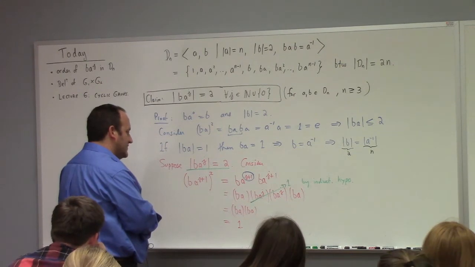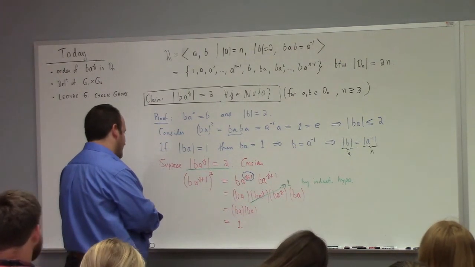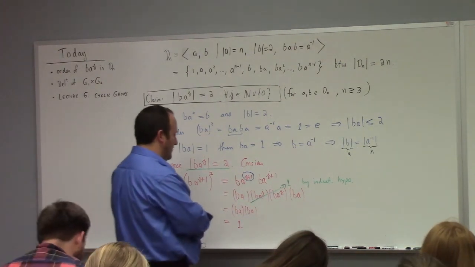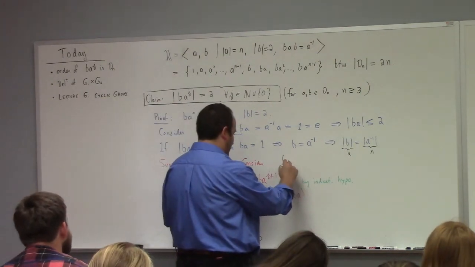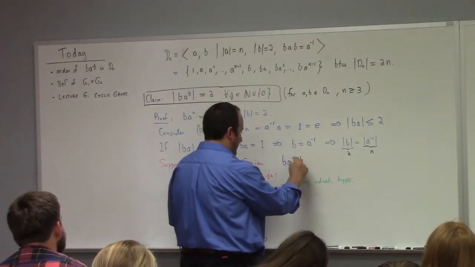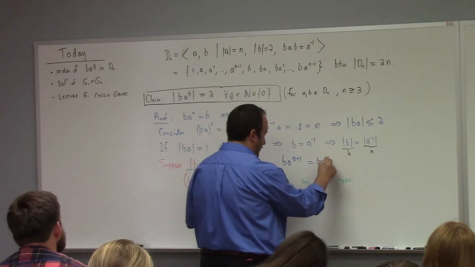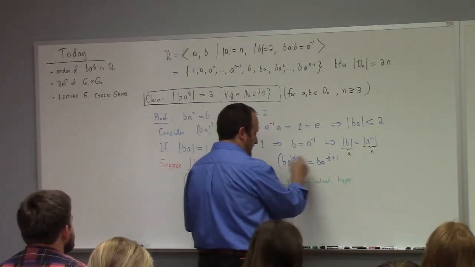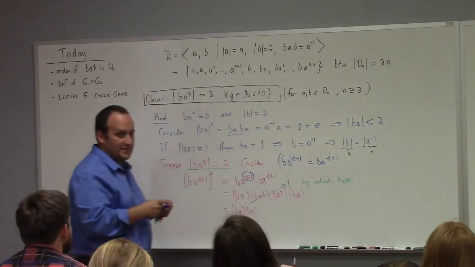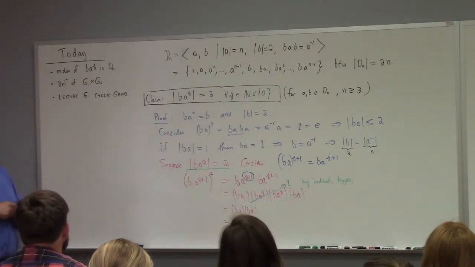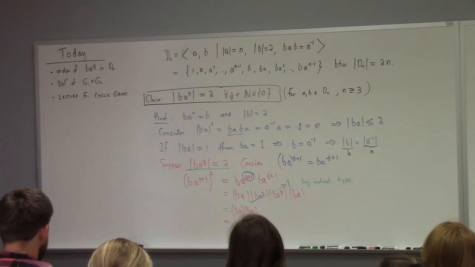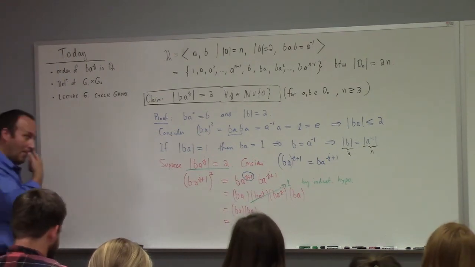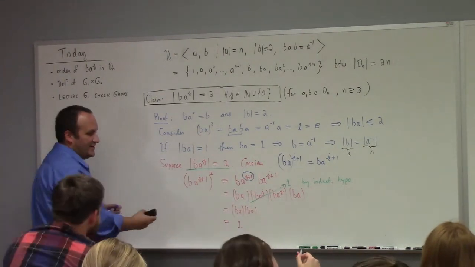It looks so nice, but it's based upon a rather unfortunate fallacy, which is that BA to the J plus 1 is not equal to BA to the J plus 1. Curse you, English. These are not the same thing, which is what I just talked myself into. This is the danger of verbalizing math. Don't verbalize math. All right, let's try this again.